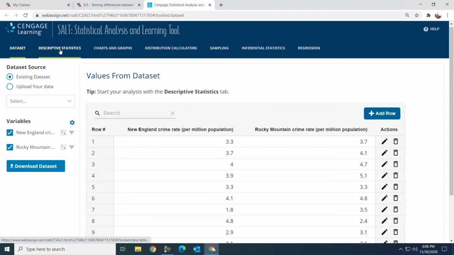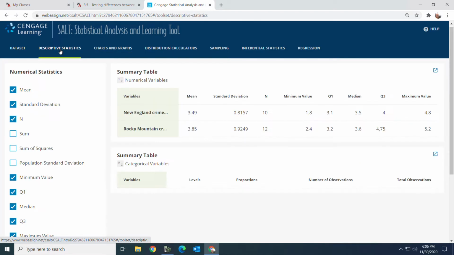go over here to Descriptive Stats, click that. In this summary table, New England crime rate, that was group 1. Rocky Mountain crime rates, that's group 2. Now you're going to want to write this down, like pretend you write a number 1, a number 2, and for each one you want to write down the mean, standard deviation, and sample size.